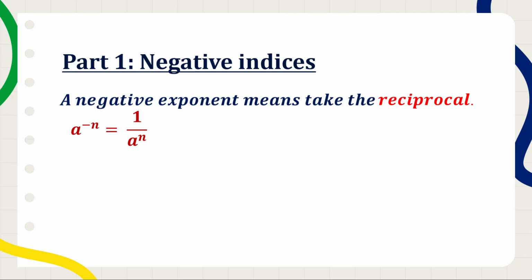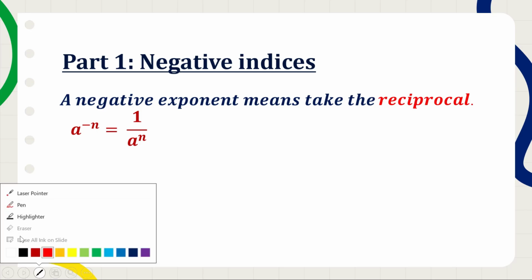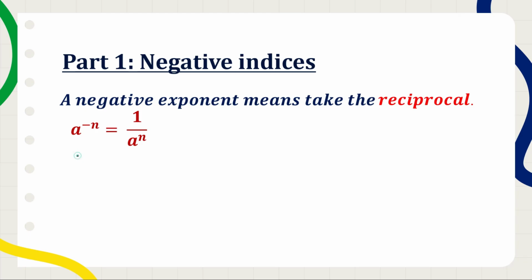Let us take this example. Now we find the reciprocal of this value. 5 is a whole number, and any whole number has a denominator of 1. We take the reciprocal of this value, 5, it will be 1 over 5. The reciprocal of x is 1 over x.